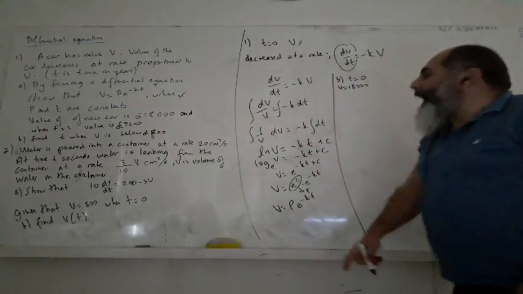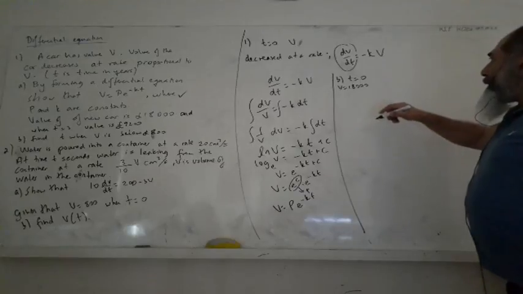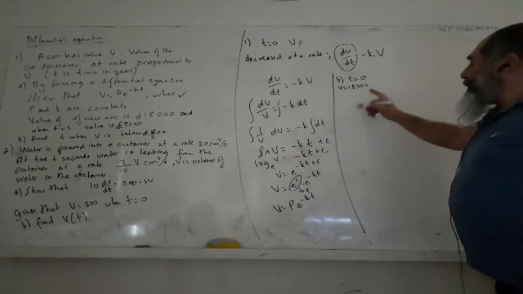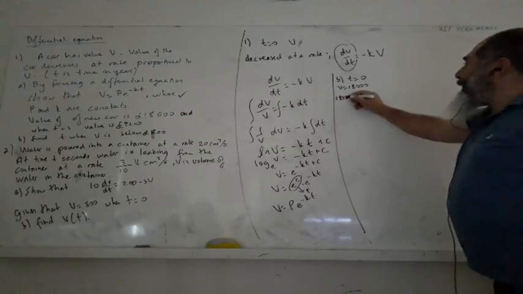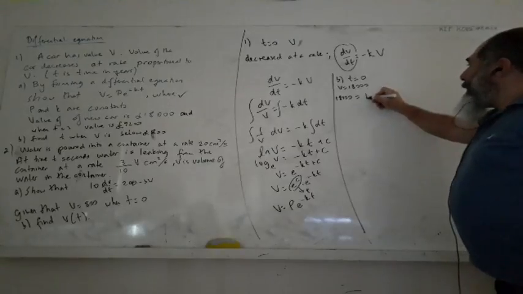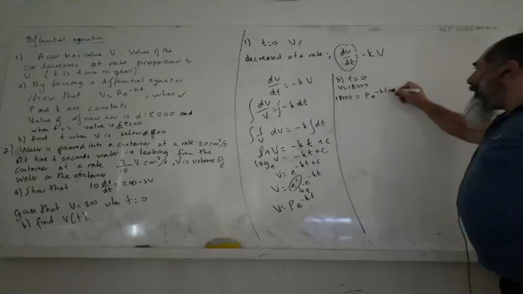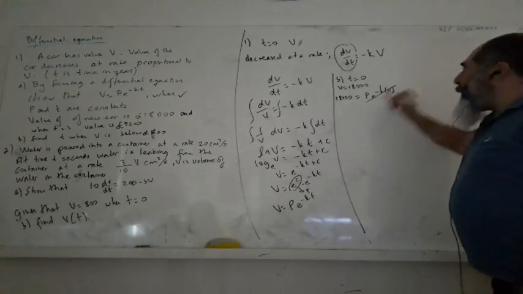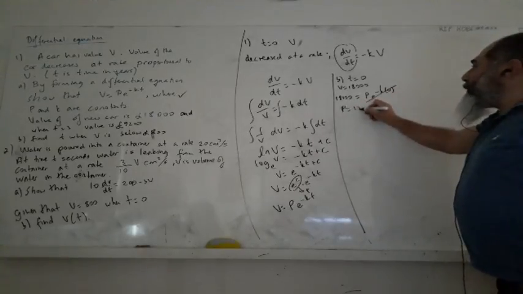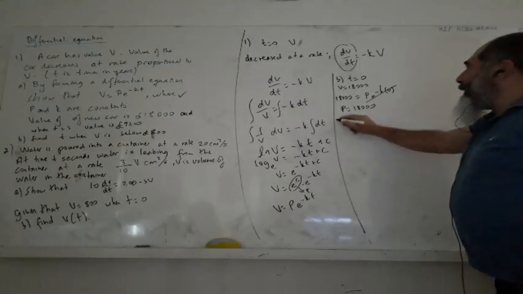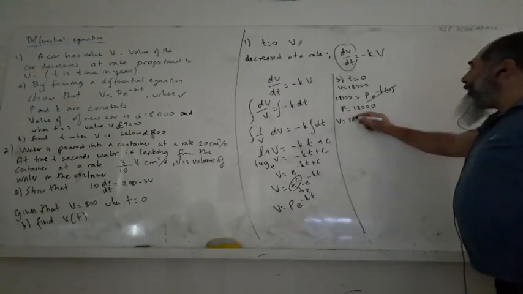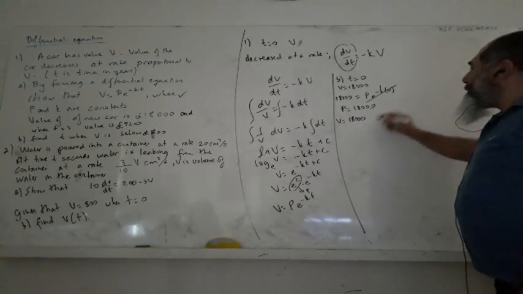So first of all, 18,000 is equal to p times e to the power of minus k times 0, which is equal to 1. So p is equal to 18,000. So V becomes 18,000 e to the power of minus kt.